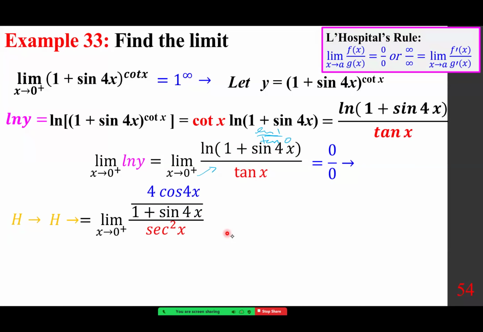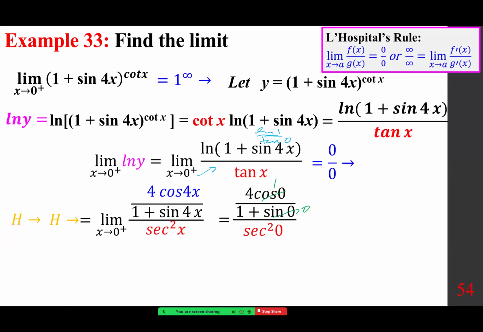You can simplify this complex fraction, or you can just plug in. Either way is fine. If I plug in 0, I get 4 cosine 0. Cosine 0 is 1, so 4 times 1 is 4. Sine 0 is 0.